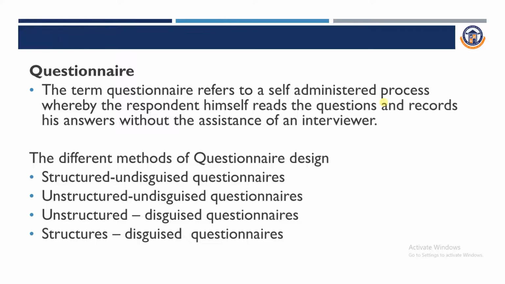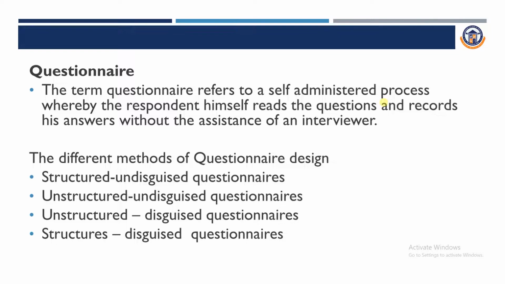Disguised means not having a clear set of views, and undisguised means a clear set of views. Undisguised is direct, and disguised is indirect. Structured means in a particular format, and unstructured means not in a particular format.